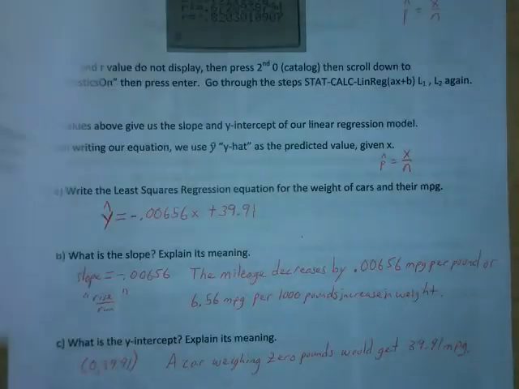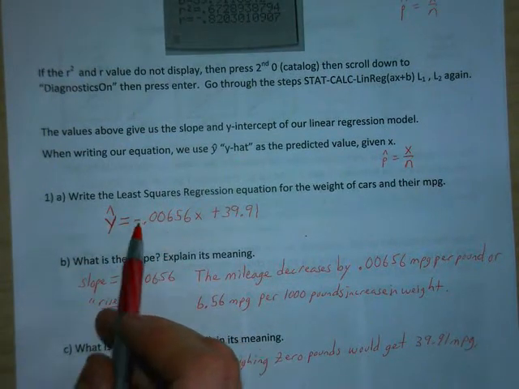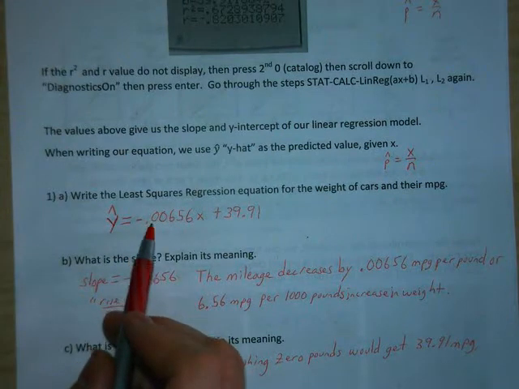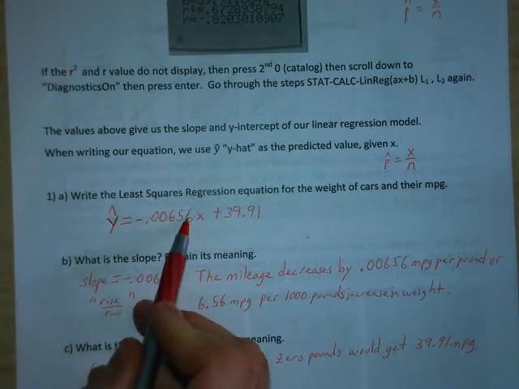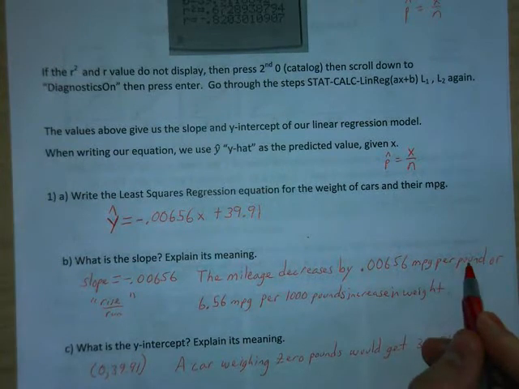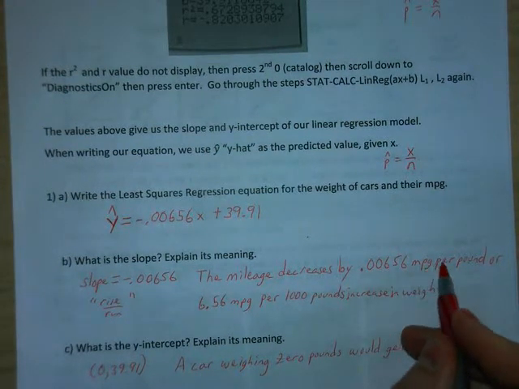So when we see a slope of negative 0.00656, something was decreasing. What's decreasing? The mileage. The y values are decreasing. So the mileage decreases by 0.00656 miles per gallon per the run. The run is weight in pounds, so per pound. So the mileage decreases by 0.00656 miles per gallon per pound.